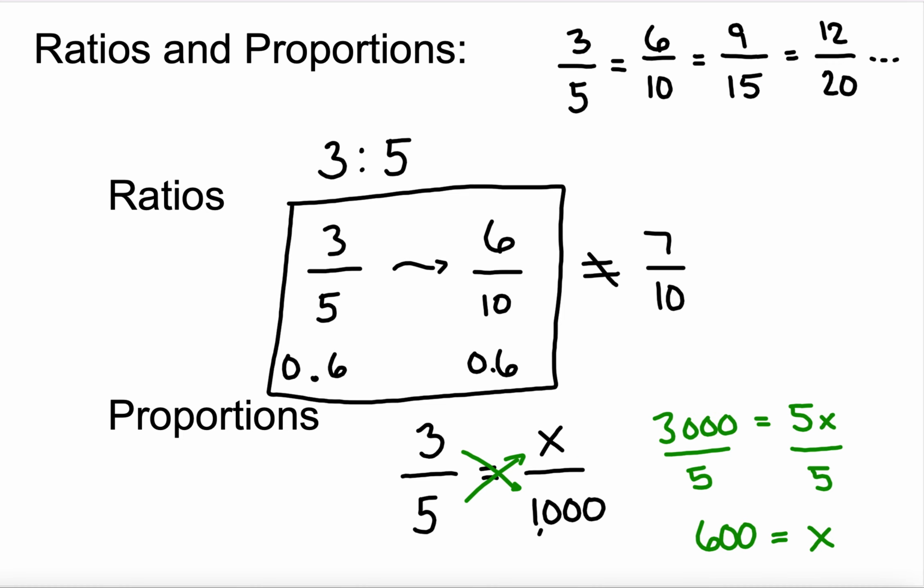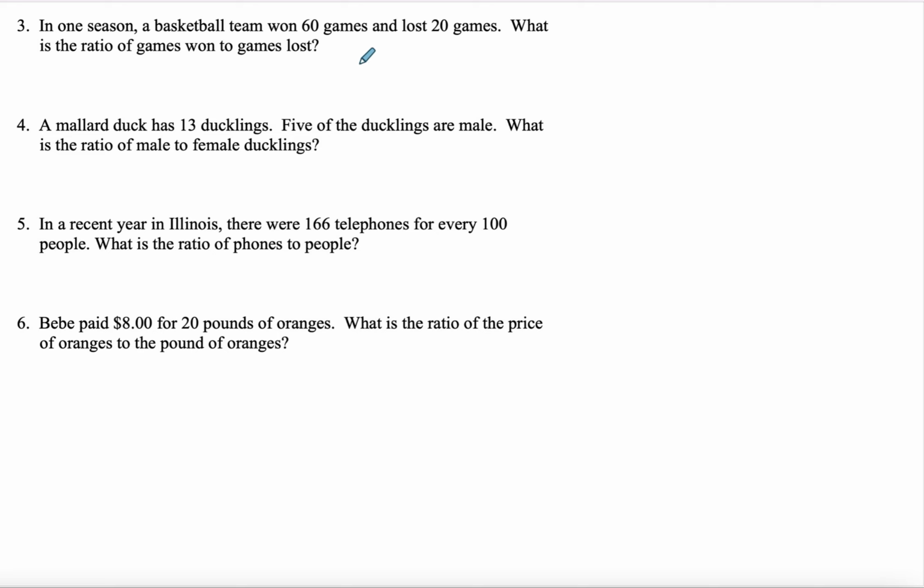So let's look at a couple questions. In one season, and now this is ratios, okay? These are ratios. In one season, a basketball team won 60 games and lost 20 games. What is the ratio of games won to games lost?